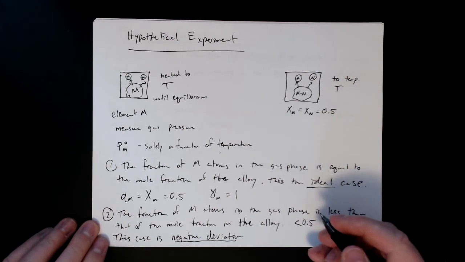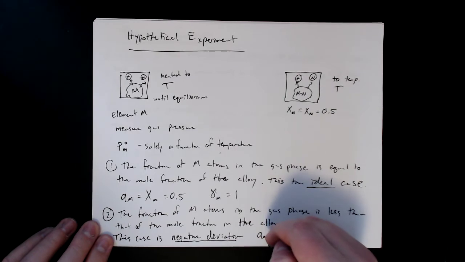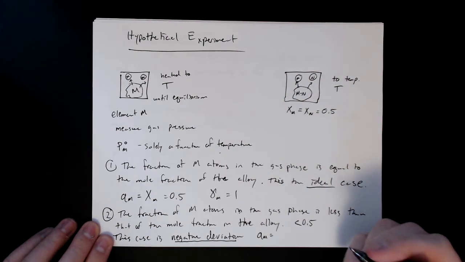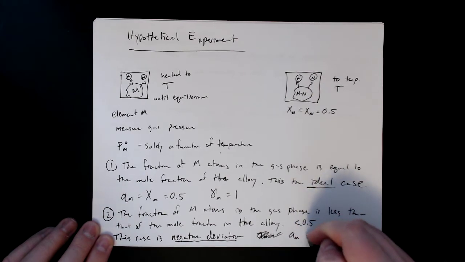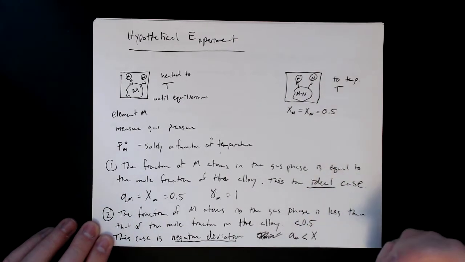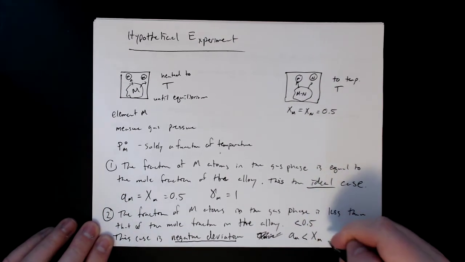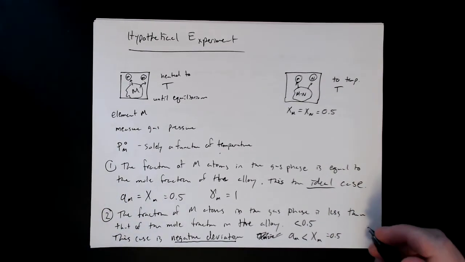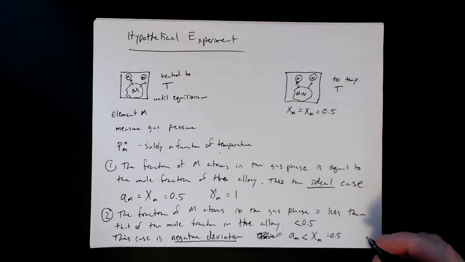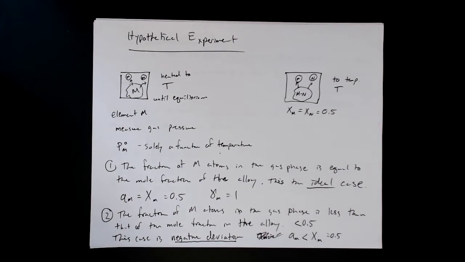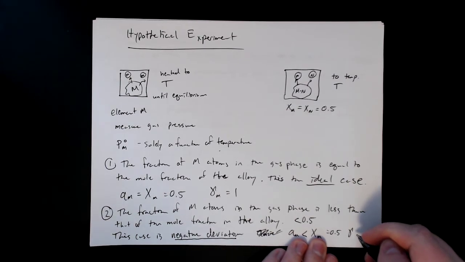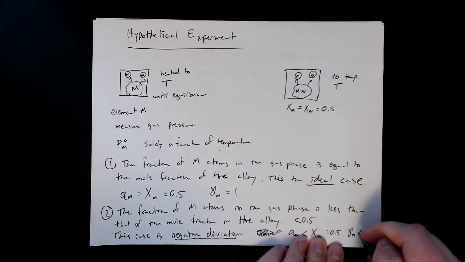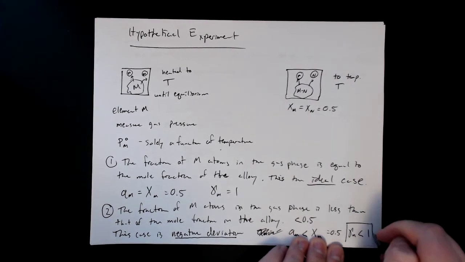And so in this case, the activity of M is lower than the mole fraction of 0.5. And therefore, when you plug that into the activity coefficient equation, what we see is that this activity coefficient of M is now less than 1.